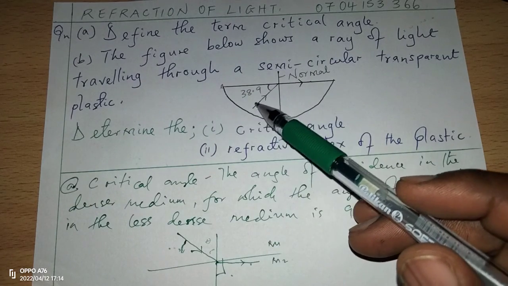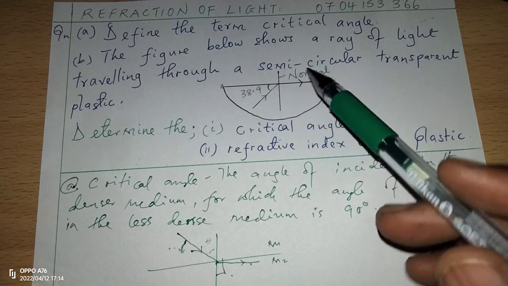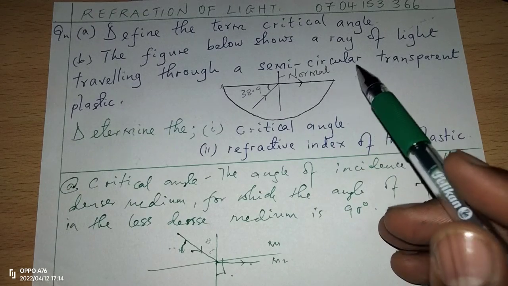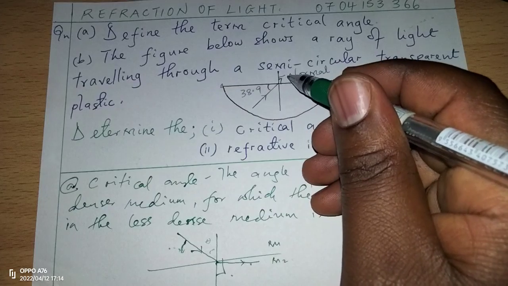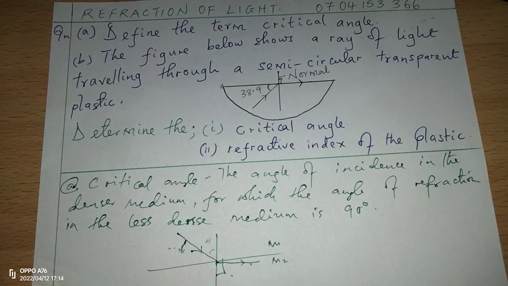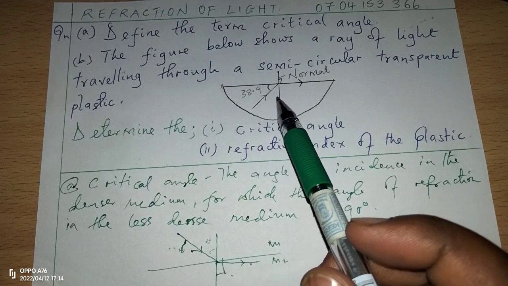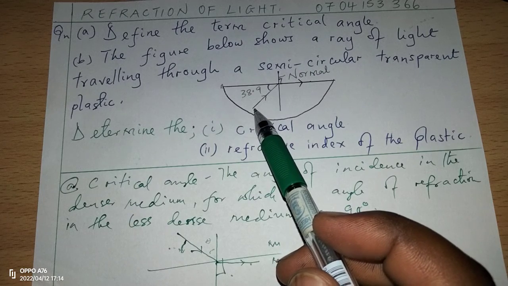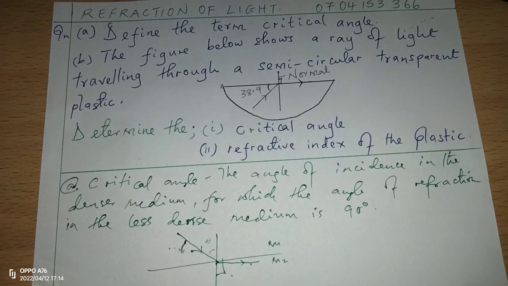When it reaches the interface, we can see it gets refracted along the interface, or rather, the angle of refraction becomes 90 in the air, which is the less dense medium. Therefore, the angle made by the incident ray with the normal is going to be called the critical angle.